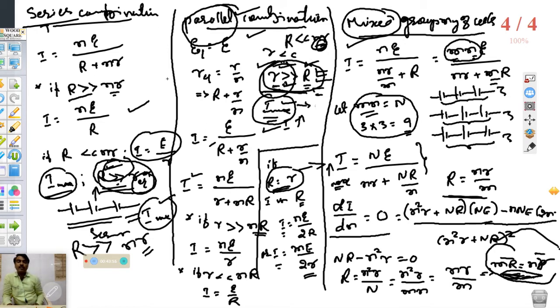It is preferred to get maximum current only if we connect them in parallel combination. If the external resistance is more than the internal resistance, connect in series, or vice versa. But in the case of a mixed group of cells, parallel as well as series combination, the condition is this one. All these conditions have to be followed to form the mixed group of cells.